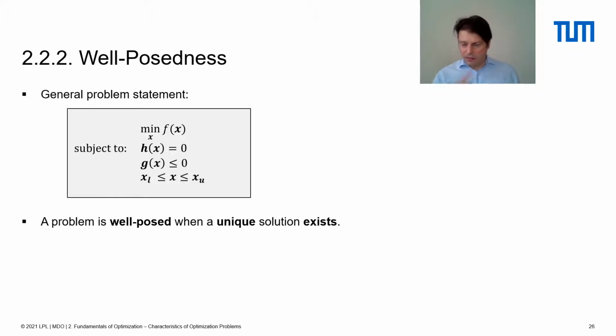One example of a problem that has no solution is the unconstrained optimization problem where we use the cross-sectional area as a design variable, because the design space was not properly bound and the objective function was monotonically decreasing.